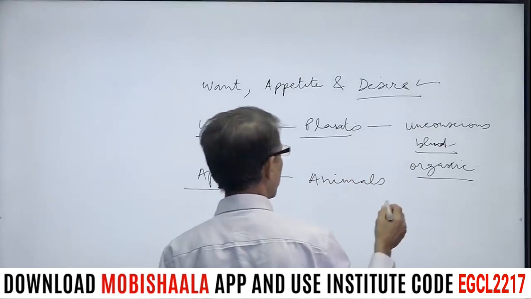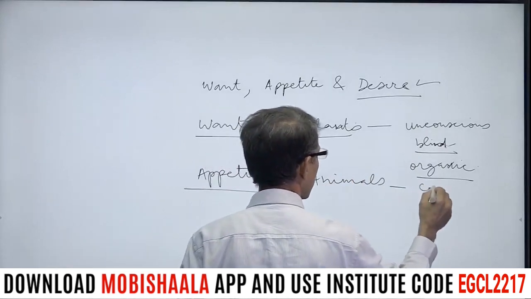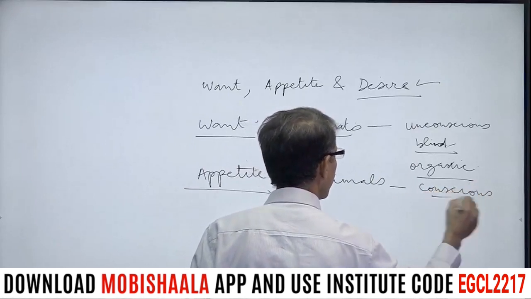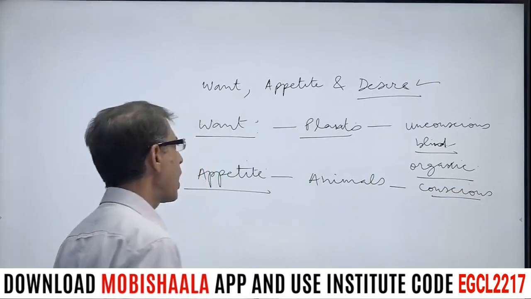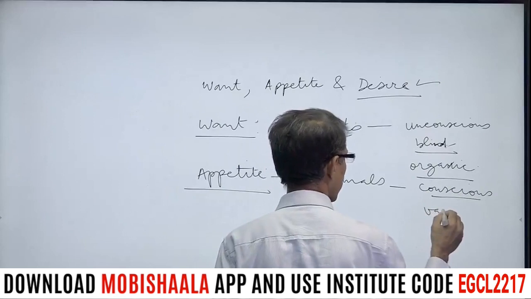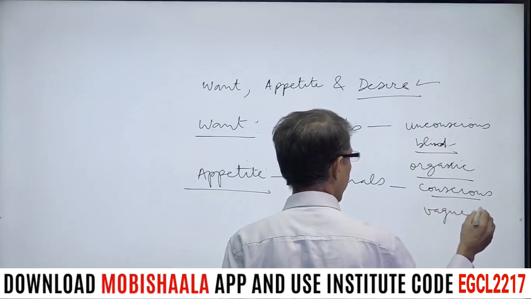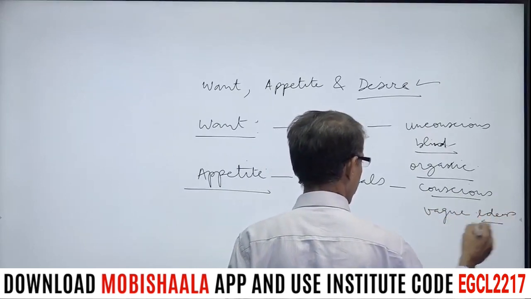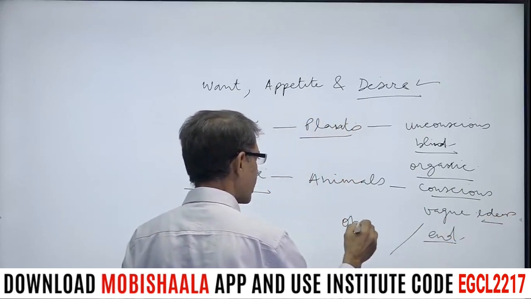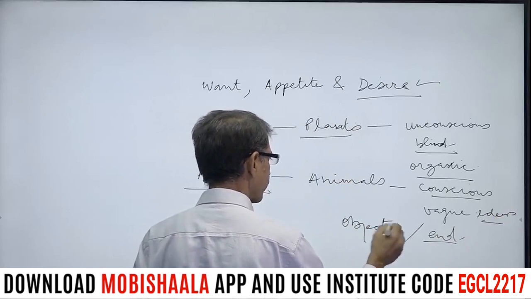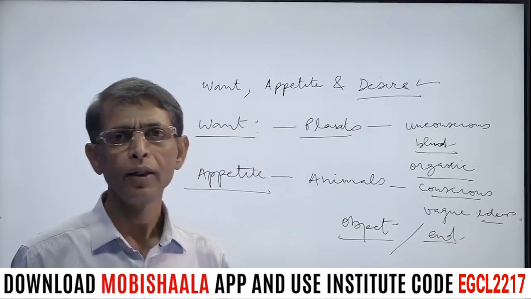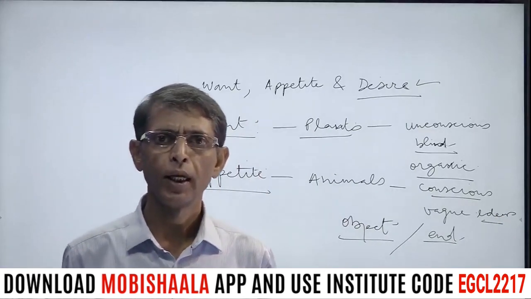Their want is converted because they are conscious beings, and because they are conscious beings, they have a vague idea of their objects, a vague idea about their end. Not very clear, but at least they know. Which kind of object will satisfy their need, their demand, they know more or less.